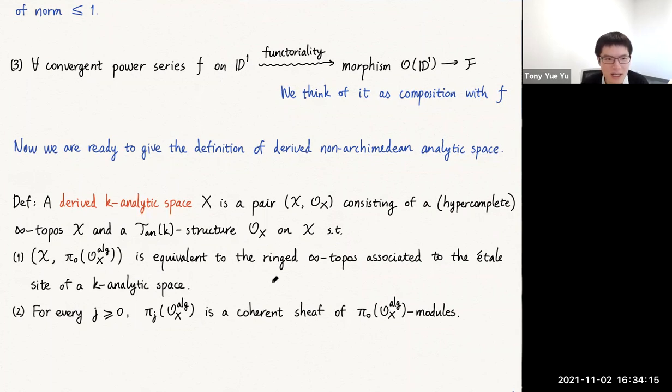And after introducing this notion with Porta, we proved many foundational properties.